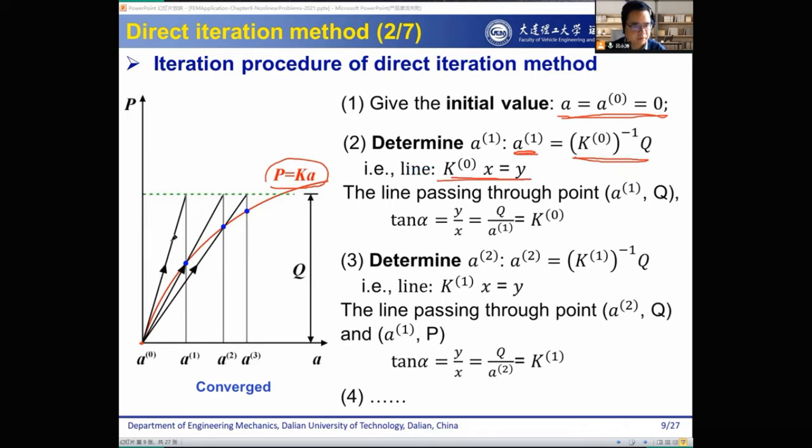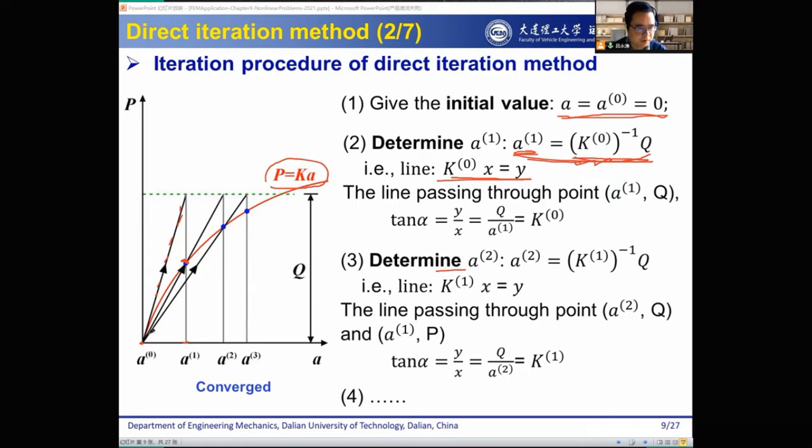This is the first line, and the slope is K. Then we get this point, which meets the equation. This point is our next value A1, and then we have to determine the next value.